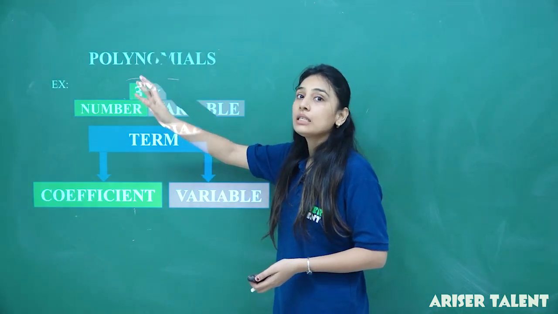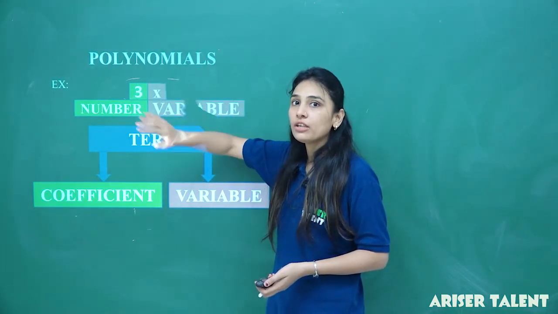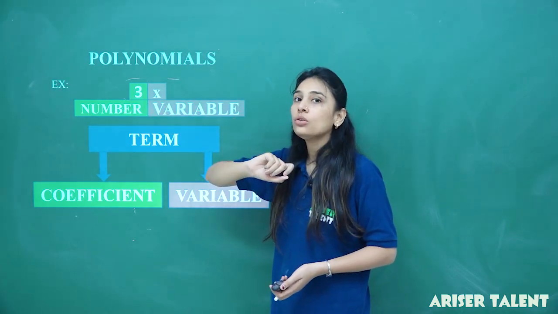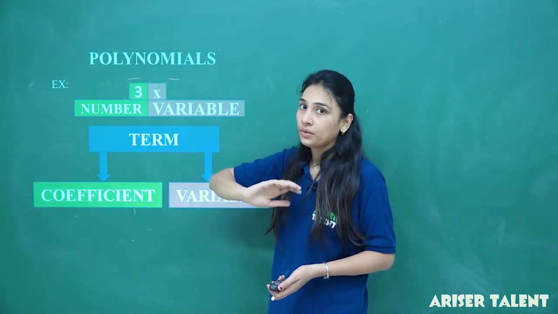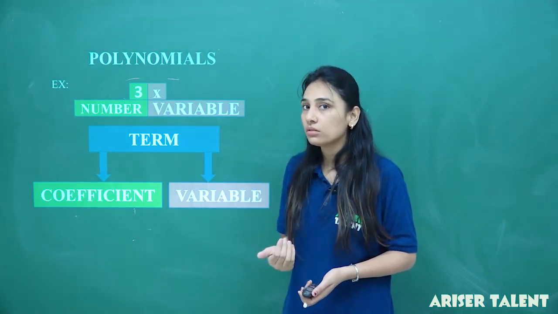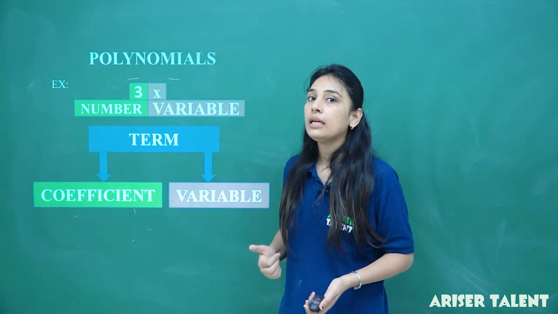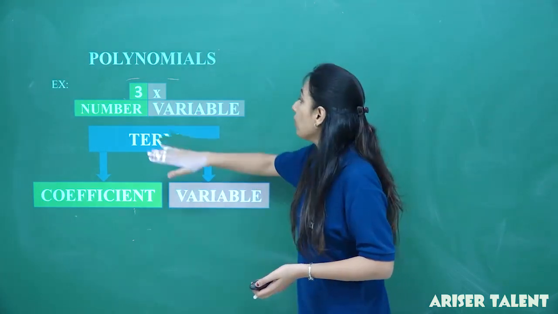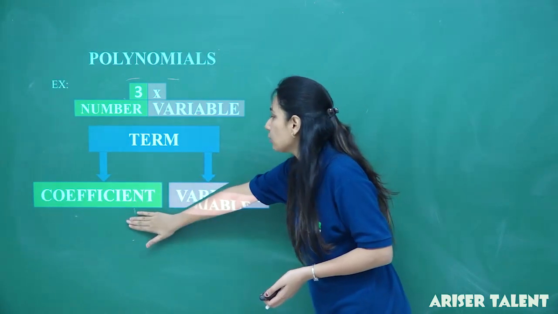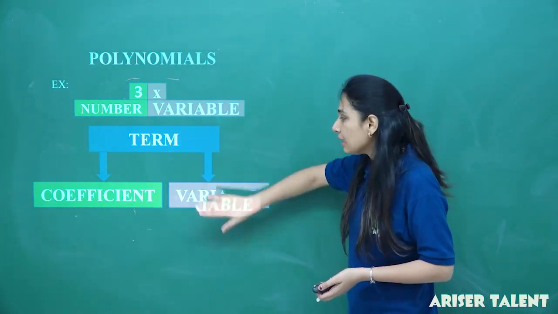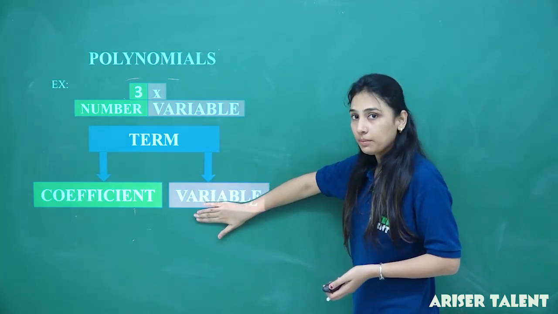We have some coefficient here, we will call this number part a coefficient. Okay, so it can be any constant. Numbers are constant. We have taken a, b and c as constants in our equations in the last class. Okay, so the number part is the coefficient.